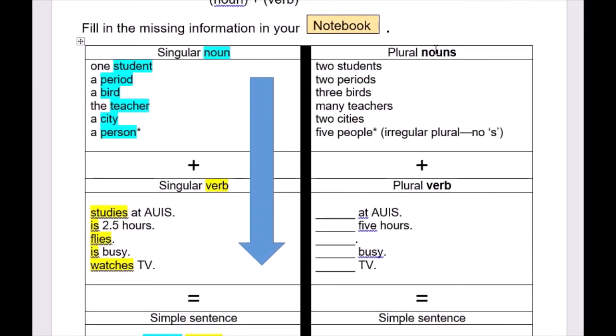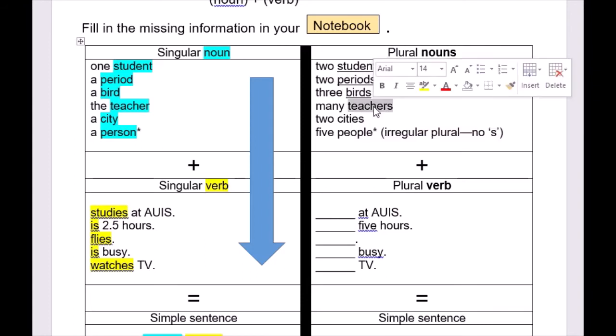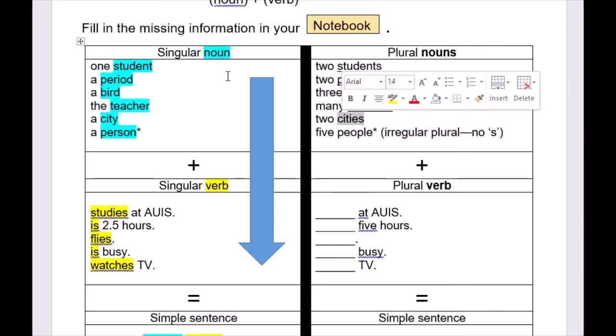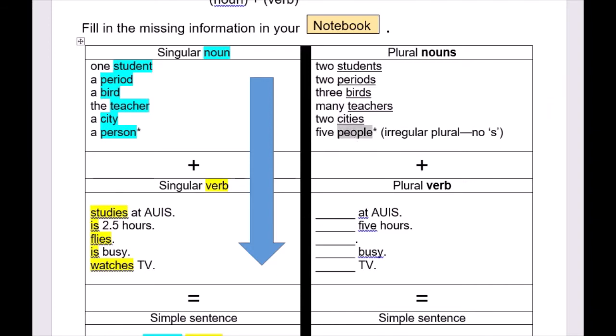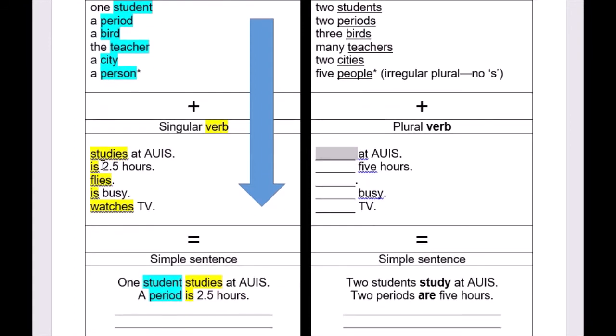Now, for plural nouns, for example, 2 students, 2 periods, 3 birds, many teachers, 2 cities, 5 people. Well, with plural nouns, we need a plural verb, okay? So how do we write, we know the singular verb here.